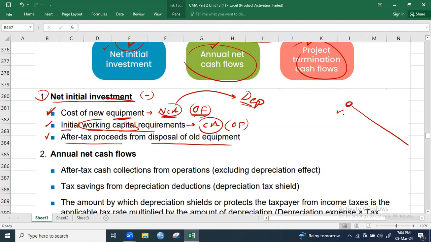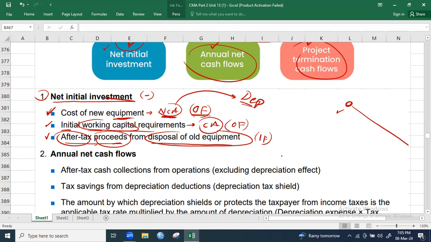Whatever money you get from the disposal of old equipment at the start of the project, that proceed we need after tax, because tax effects are really important. We will always consider tax effects. So we need after tax proceeds from disposal of old equipment, and mostly that would be an inflow.